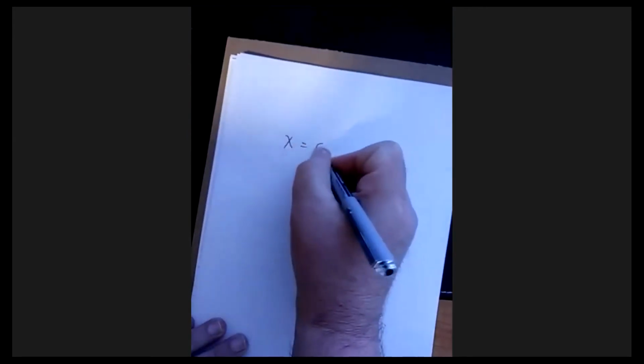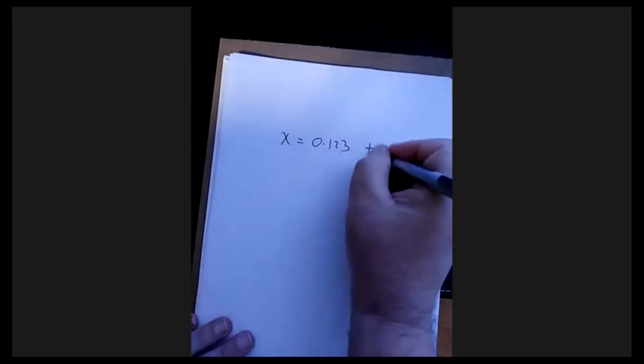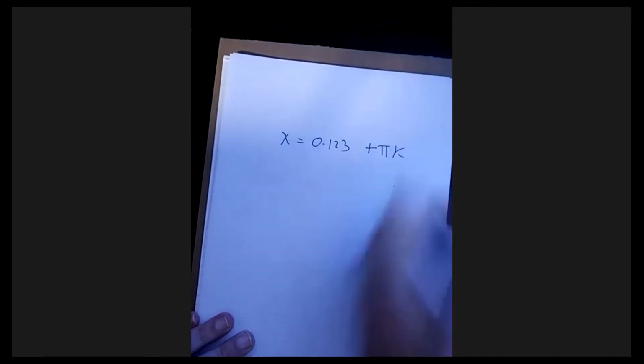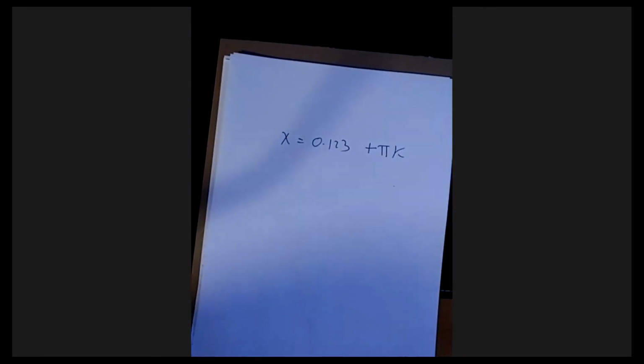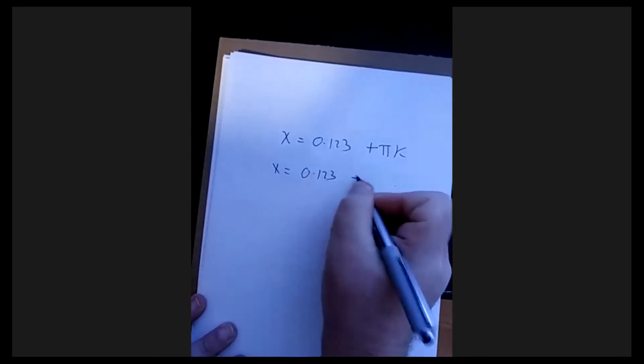Okay, let's pretend I did a question, right? And the answer ends up being 0.123, and we know that we've done the other bit and it ends up being pi k, right? Yeah. Okay, if you want to get the next one, you add pi.